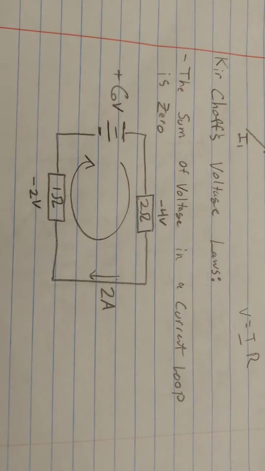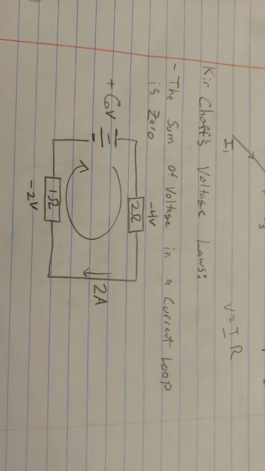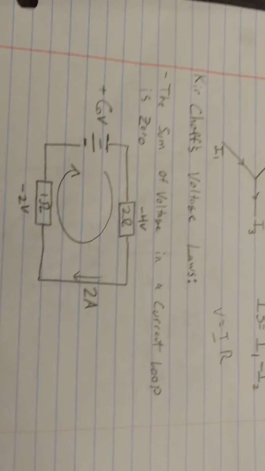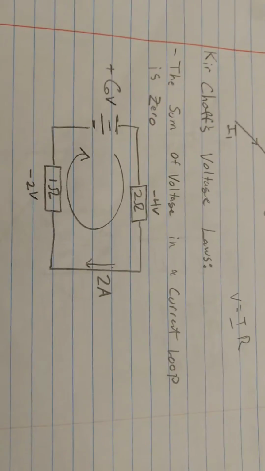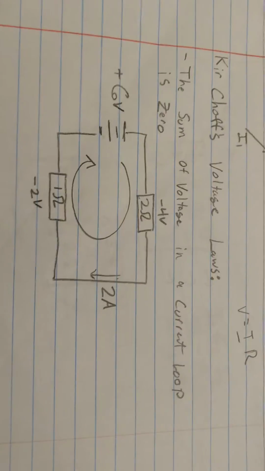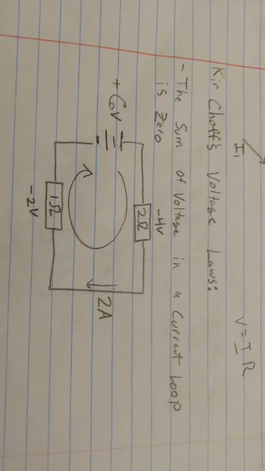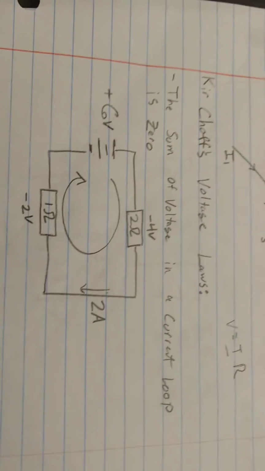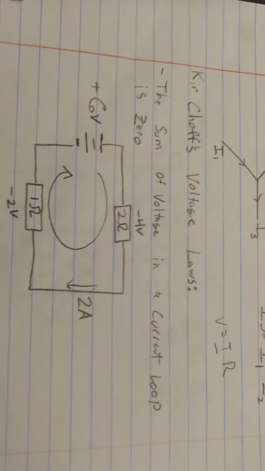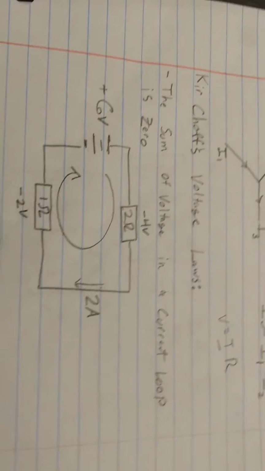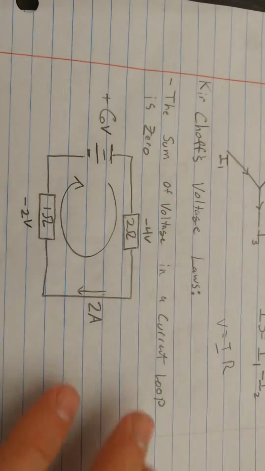For the voltage law, once we have figured out current, we can figure out things like voltage and resistance. The sum of any voltage in a current loop is 0, which is very important, because if you were to have non-zero voltages, then a lot of these laws would not work.